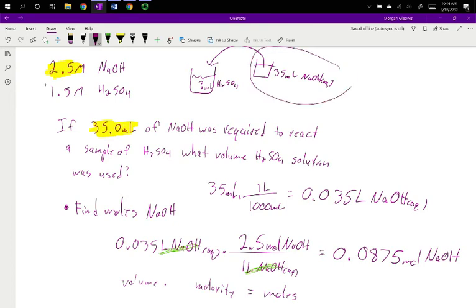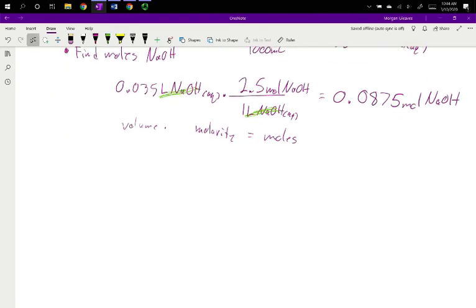So that's how much sodium hydroxide had to get used. Well, how much acid did it react with? Remember, this is a diprotic acid. If we try to do the balanced reaction, NaOH plus H2SO4 is going to react, well, we're going to get rid of the hydrogens and replace them with sodiums.